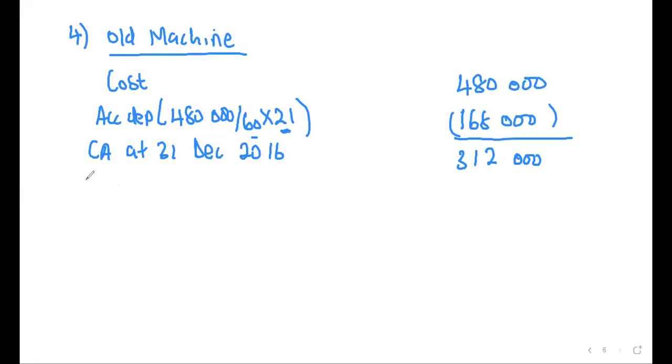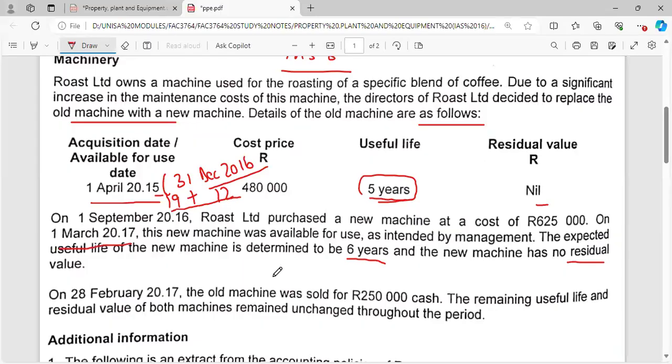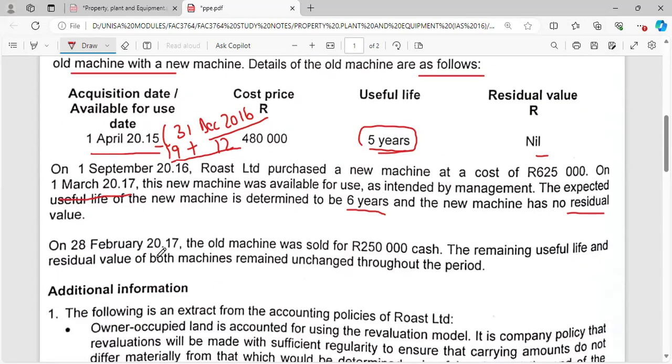Then depreciation for the year. Let's look at the depreciation for the year. How do we determine the depreciation for the year? Remember, we've done the depreciation for 2015 and 2016. We want to do the one for 2017. So on 28 February 2017, the old machine was sold. This is when the machine was de-recognized.